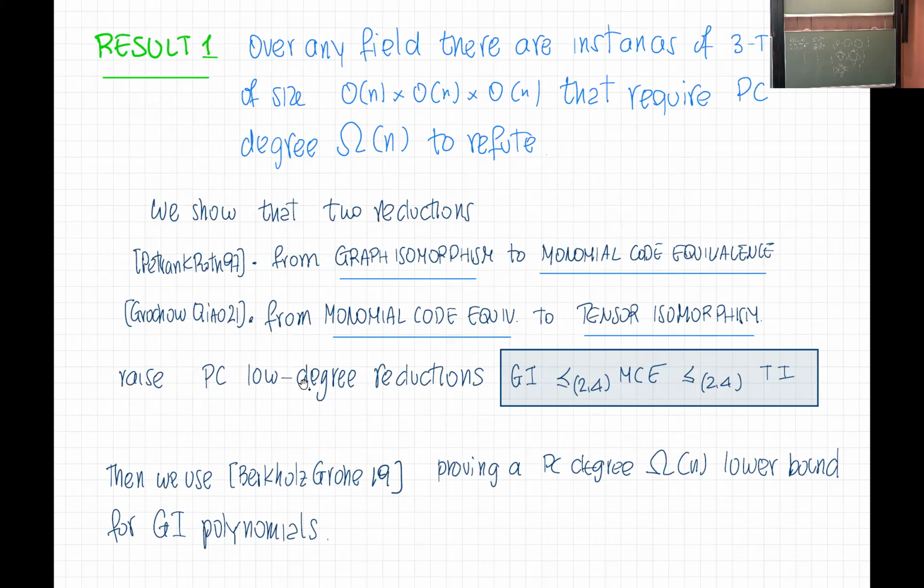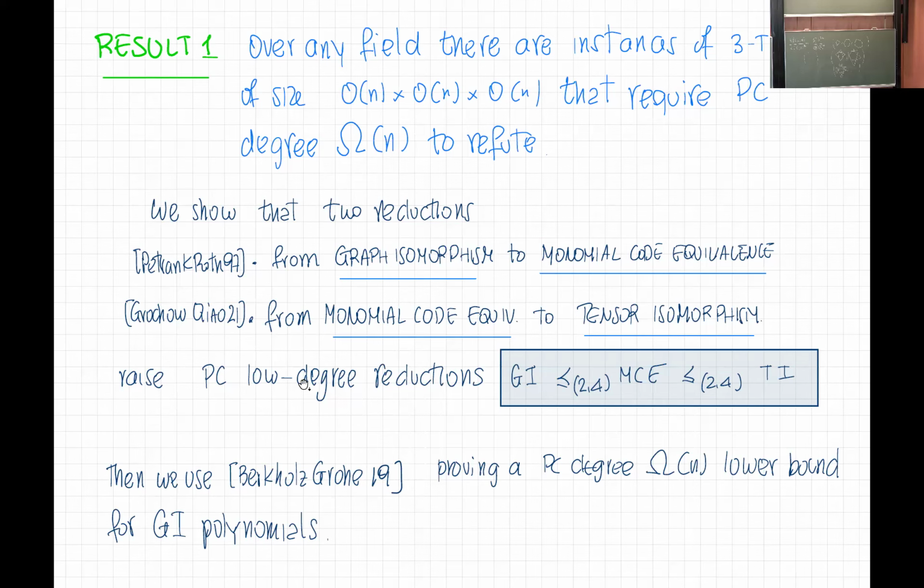So, for example, let's see what we are doing here. Here I told you that we are using graph isomorphism, and essentially we are moving from graph isomorphism to another problem called monomial code equivalence, and then from monomial code equivalence to tensor isomorphism. This reduction was shown in this paper here, a reduction shown by Joshi and Chow in 21.